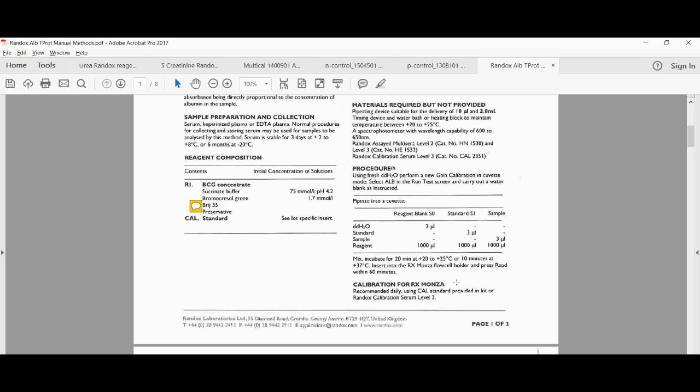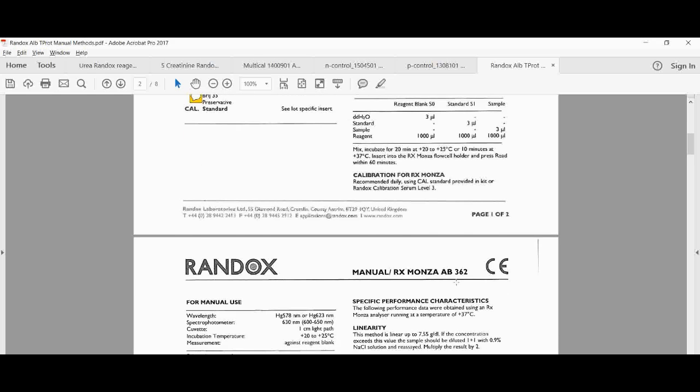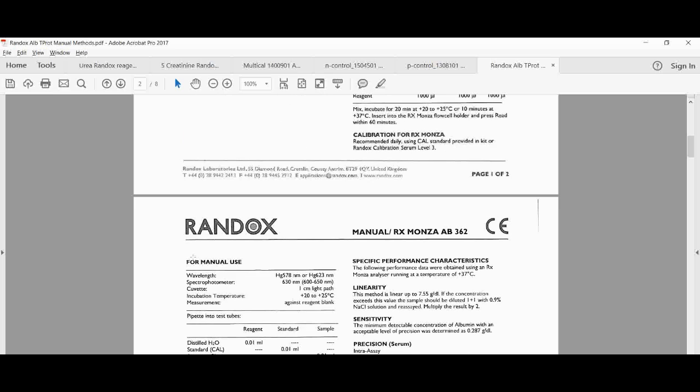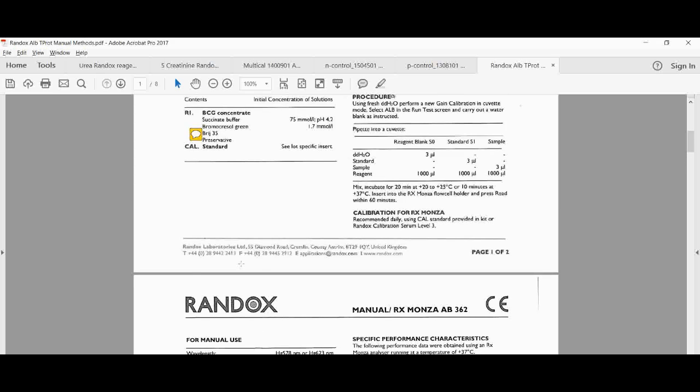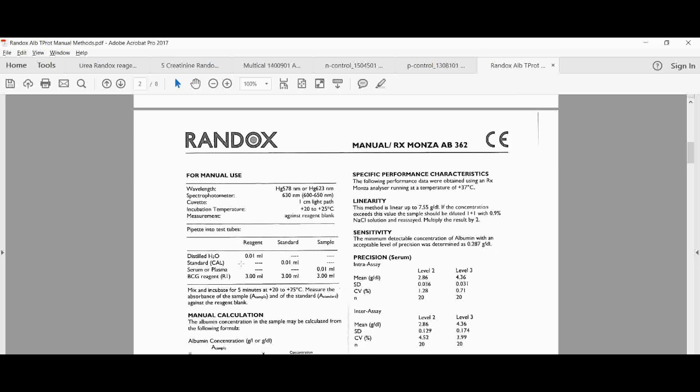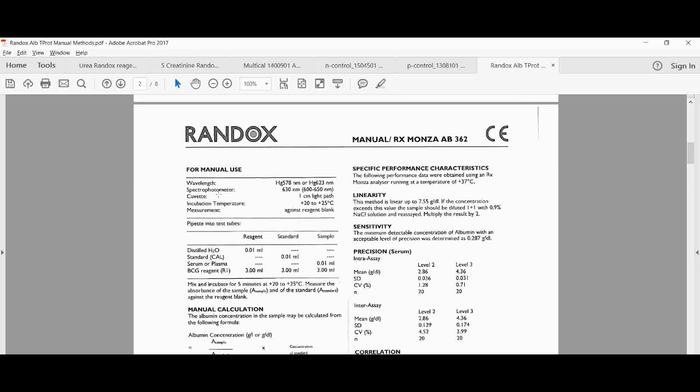If you go down, you'll see the manual use. For manual use, we're going to use a wavelength of 630 nanometers. The wavelength there is for the automated method analysis.